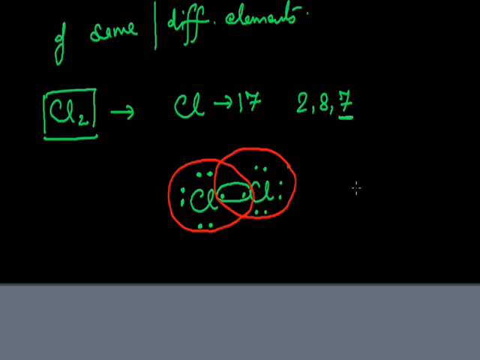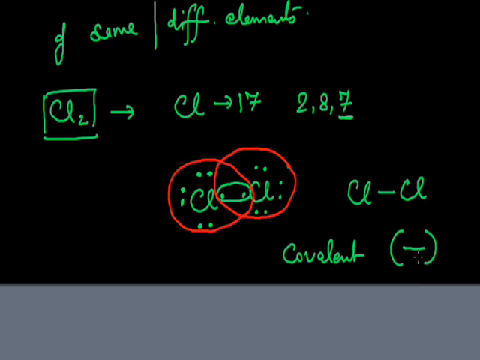And such a bond formed among these two atoms is known as covalent bond. The covalent bond is shown by a small line among the atoms.